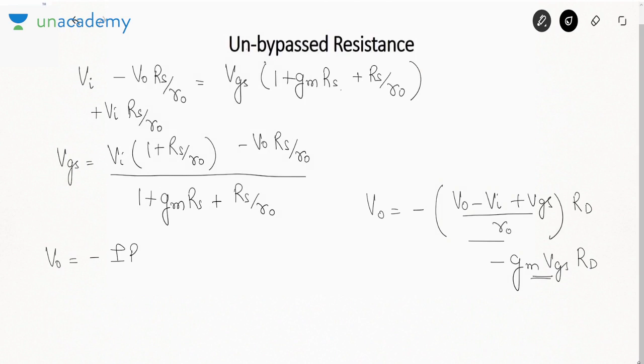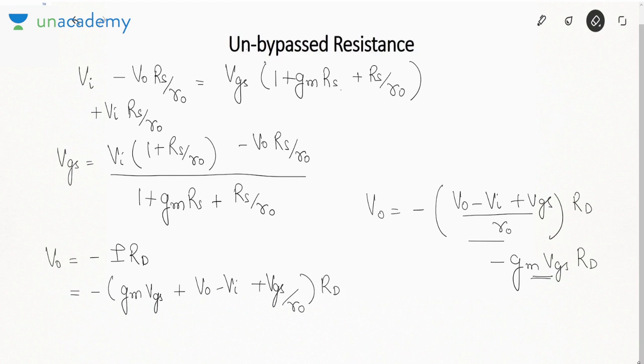This I was how much? gm VGS plus I dash. I dash was V0 minus Vi plus VGS by R0. Okay. Or you will again get back the same equation.